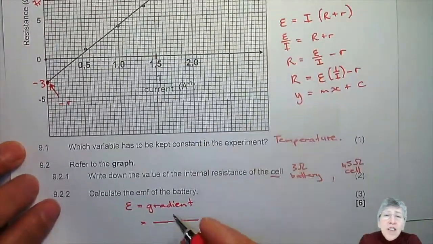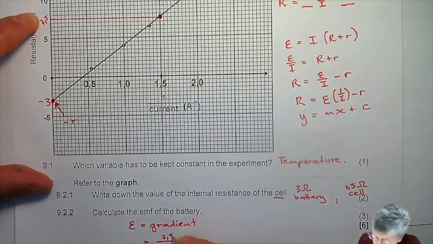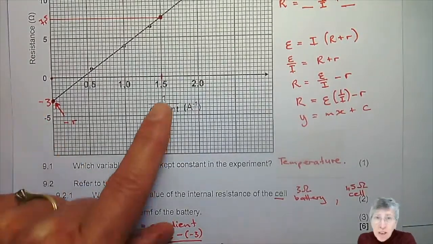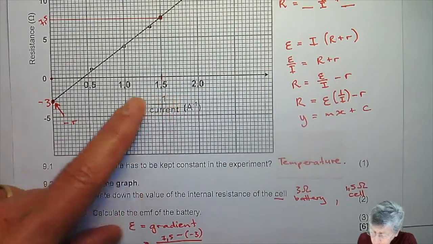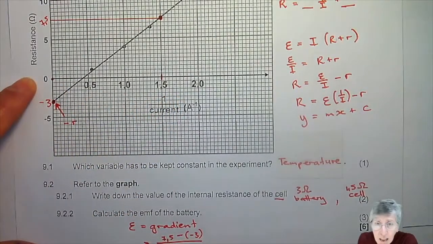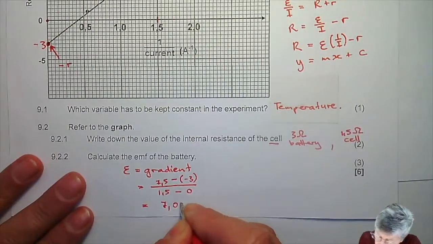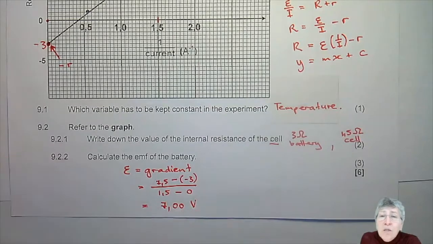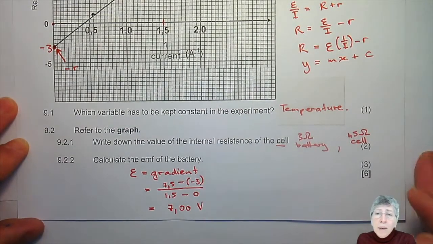So change in y-axis, that will be 7.5 minus 3, and divided by change in the x-axis, final x value 1.5, original x value 0, and you end up with 7,00 volts. And remember, you have to put the 00 there. You need a minimum of 2 after the comma.